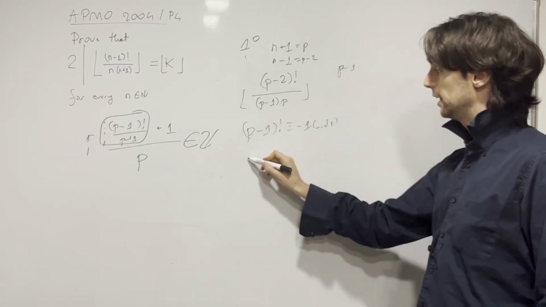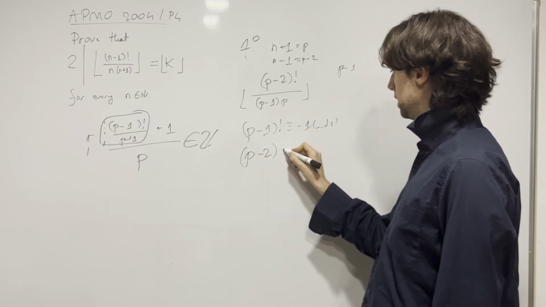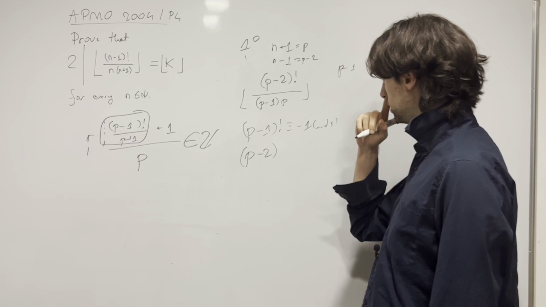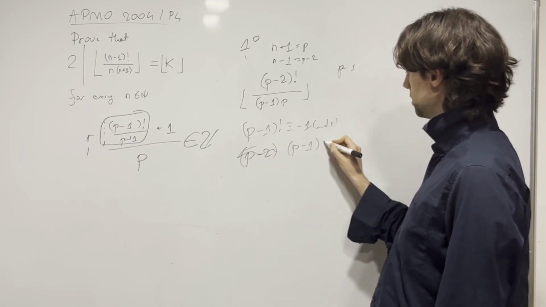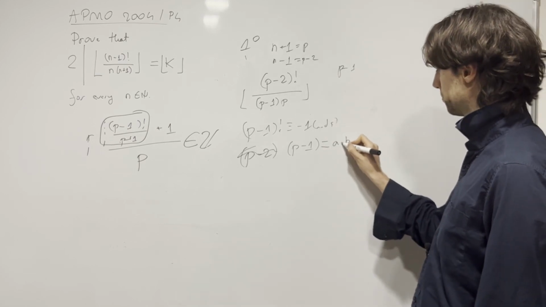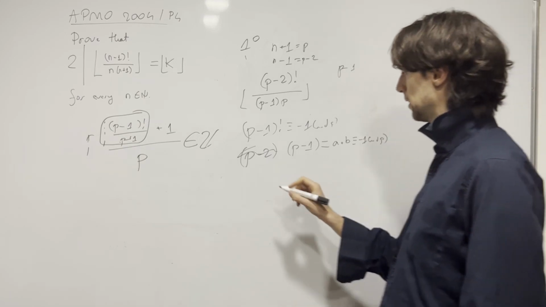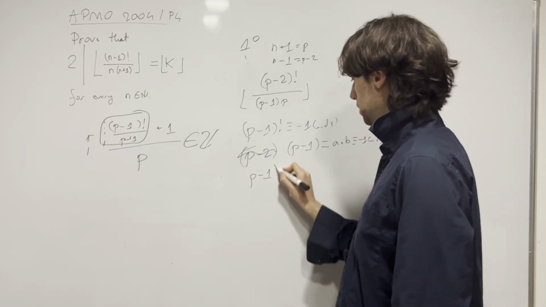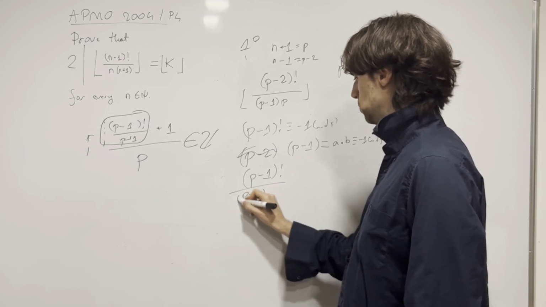So we have that, let's say, p minus 2 factorial, we're dividing by p minus 1. So p minus 1 is equal to some a times b, and this is congruent to minus 1 modulo p. So now say p minus 1 factorial over p minus 1 squared.